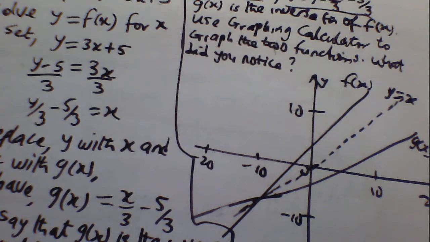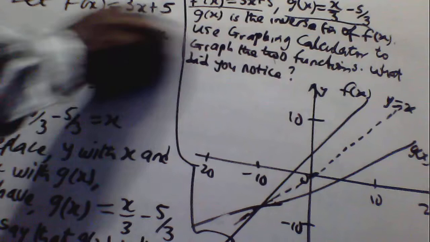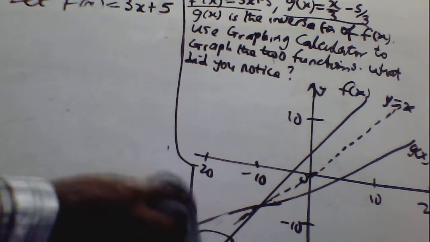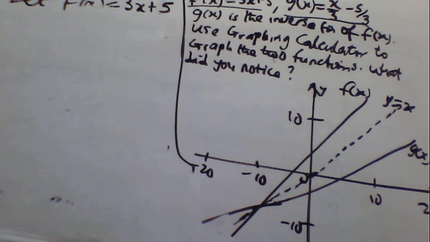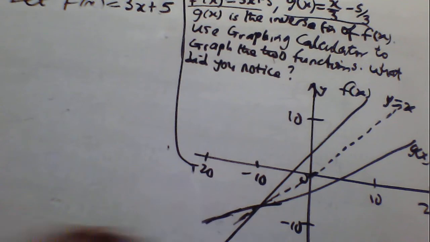So what am I trying to explain when we use graph to graph the two functions? We notice one thing when we graph the two functions. We notice that the graph of g is a reflection of the graph of the original function.